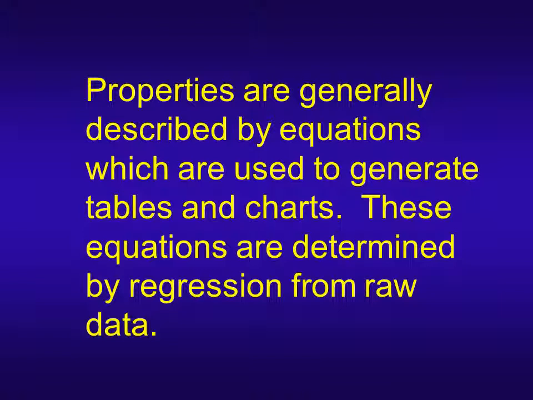Properties are generally described by equations which are used to generate those tables and charts. Now it's awfully handy to use tables and charts, but if you get into very many different types of chemicals, then that'll be reduced to some equations, with parameters in equations that'll be used to generate those tables. These equations you determine by taking measurements of the raw data.